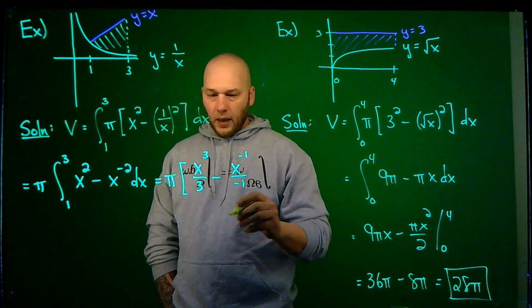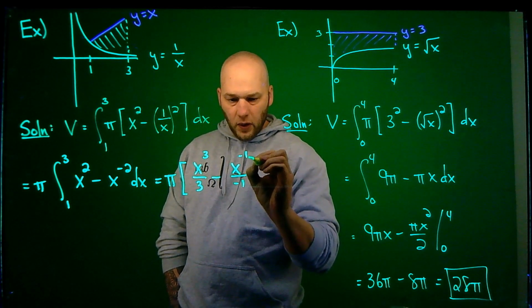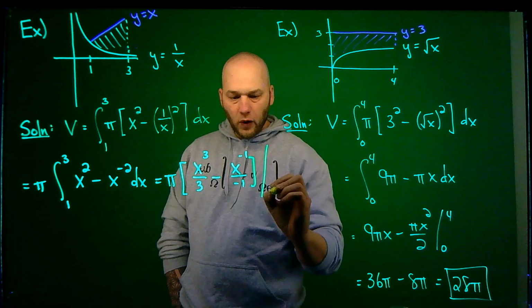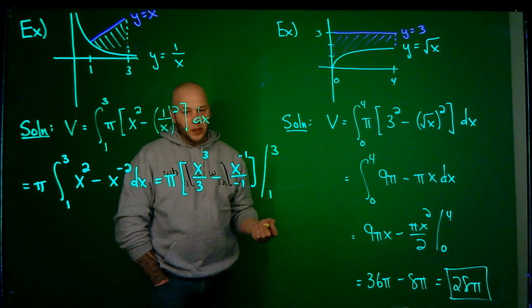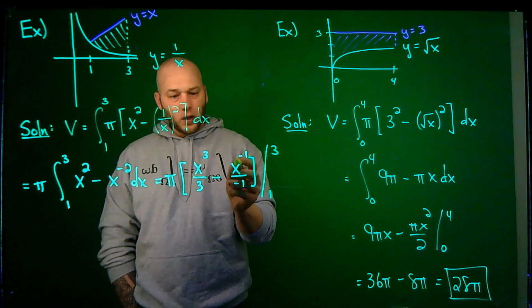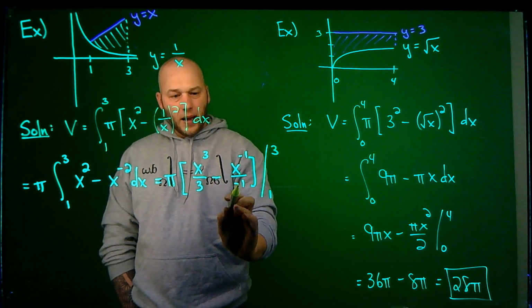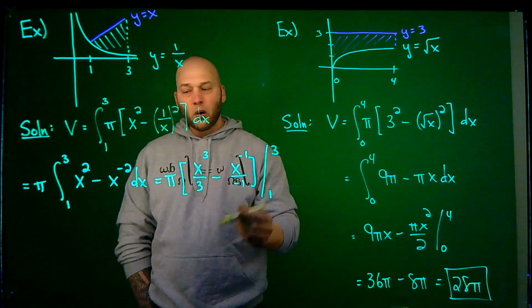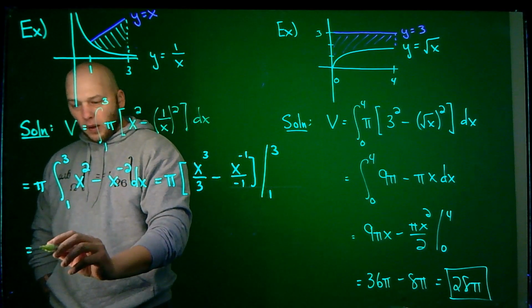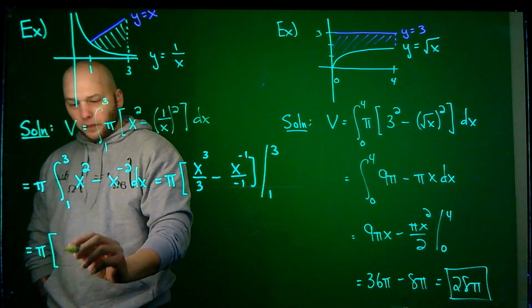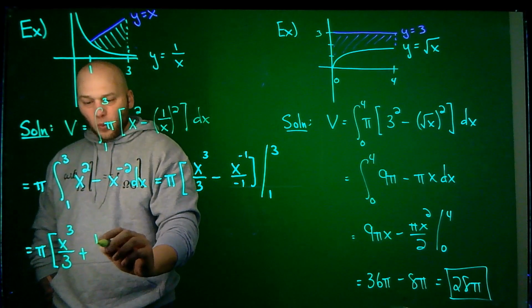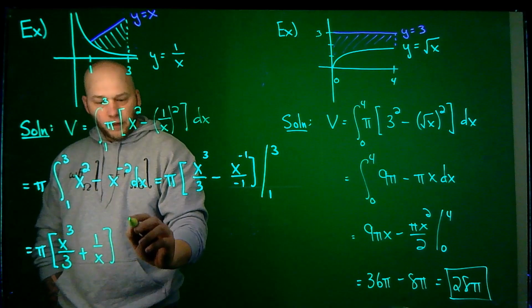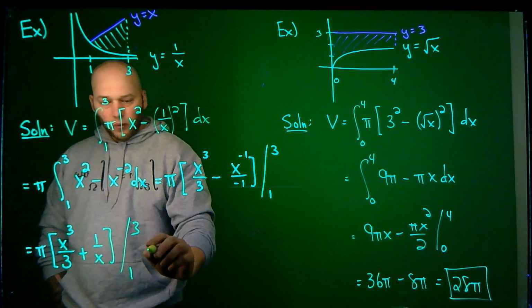So that's divided by negative 1, and there's my antiderivative, and I have to then evaluate this from 1 to 3. Now to evaluate this, let's clean this up first. Negative and negative is going to be positive. x to the negative 1 would be 1 over x. That gives me pi times x cubed over 3 plus 1 over x, evaluated from 1 to 3.